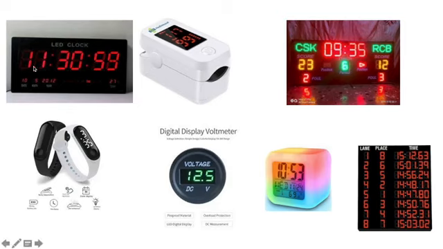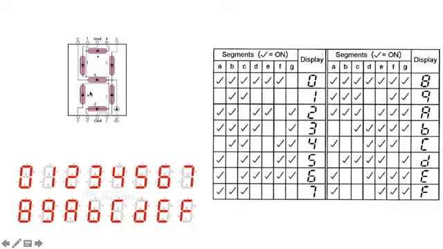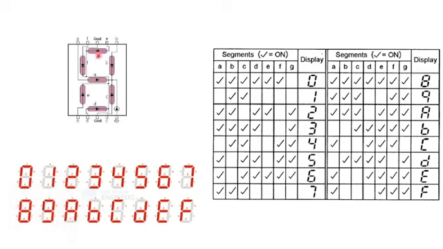In this you can see each digit is being constructed with one 7-segment display, and each 7-segment display is constructed with 7 LEDs and one dot LED. Here you can see LED A, B, C, D, E, F, G are the 7 LEDs.